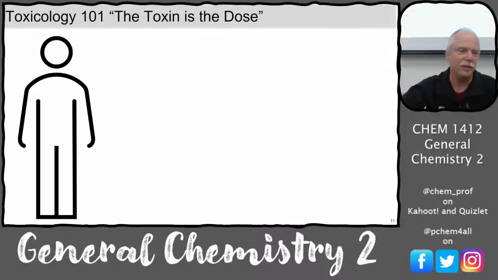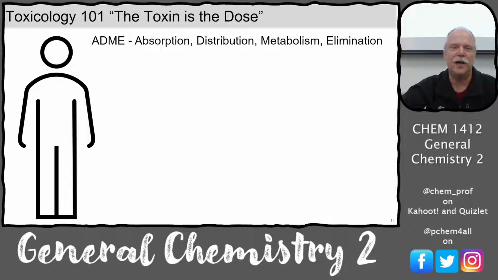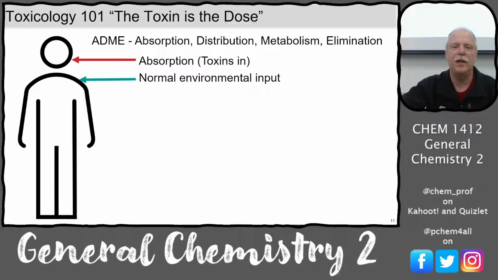So how does toxicology work? Well, this is baby toxicology 101. The toxin is the dose. If you overwhelm your body's ability to process the thing, then that is a toxic situation. So you have ADME: absorption, distribution, metabolism, and elimination. So absorption, toxins in.